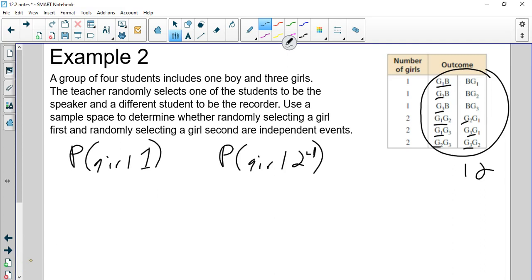Basically, girl in the first spot. And then the numbers just mean girl 1, girl 2, or girl 3. So there's 9 chances when the girl came in first spot. Now, what about the girl in the second spot? Well, that's these 3 and those 1, 2, 3, 4, 5, 6. So that's also 9 out of 12.